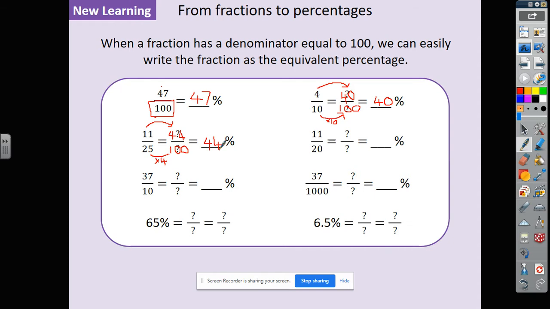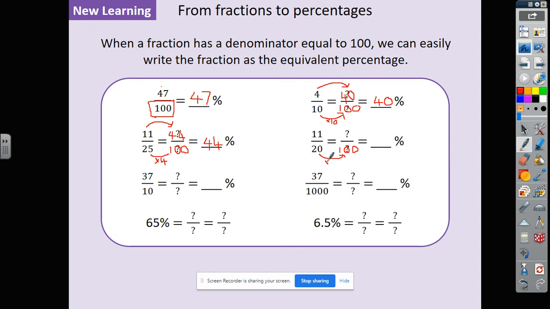Okay, pause the video, have a try at the next one yourselves. Okay, you should have paused the video and had a go at this one. So remember, we want our denominator to be 100. So if I want my denominator to be 100, what have I done here? How many times does 20 go into 100? It goes into it 5 times.